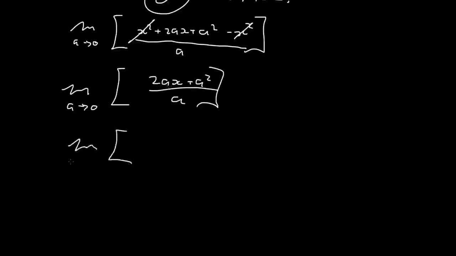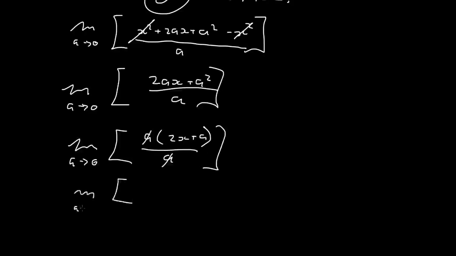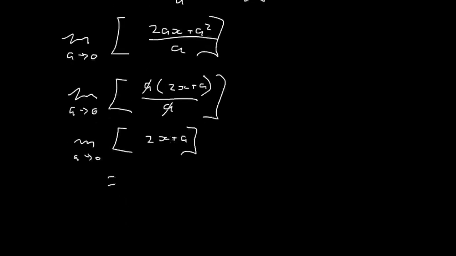So limit as a tends to 0 of, take out common factor of a, that gives 2x plus a over a, right? Those two cancel, and we're left with the limit as a tends to 0 of 2x plus a. If we then substitute in 0 for a, we're left with 2x. And there you go, you've evaluated your limit.